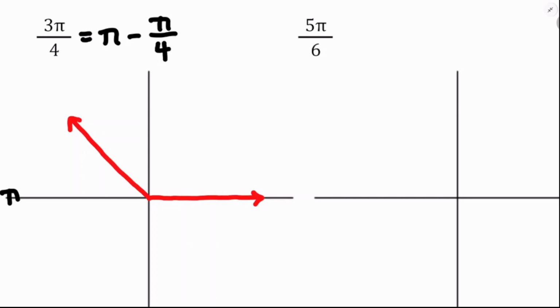So I had pi, but then I needed to go back up by pi over 4. And pi over 4 is 45 degrees, so that's where I got there. So here, that's 3 pi over 4. The reference angle is the angle we're making with the x-axis, and that's going to be a 45-degree angle.